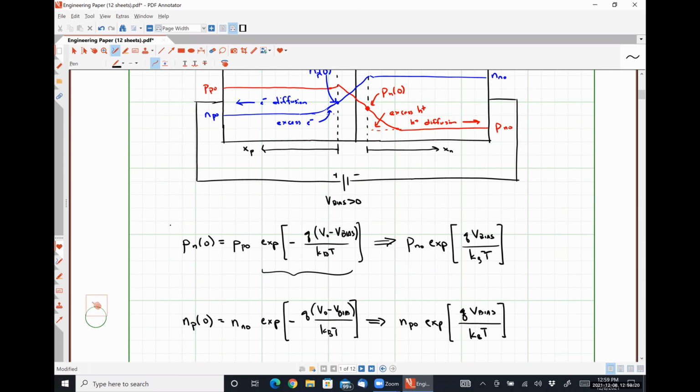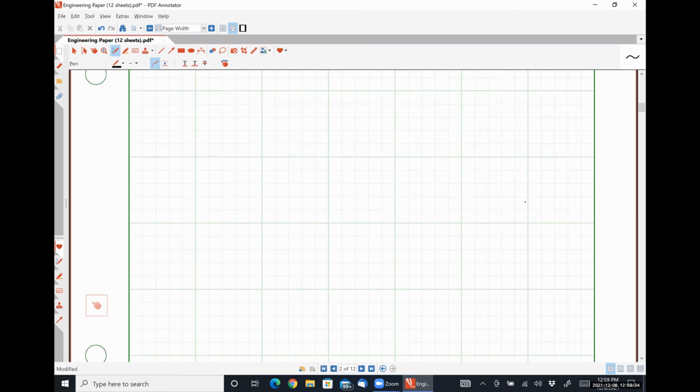They're going to exponentially decay. And the rate at which they decay is directly proportional to the diffusion length for holes and the diffusion length for electrons.